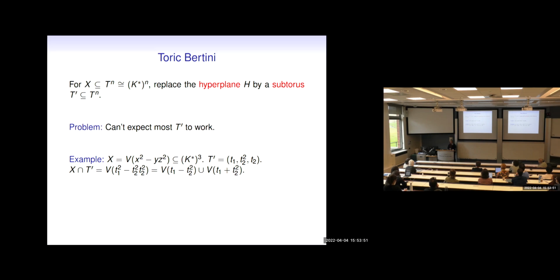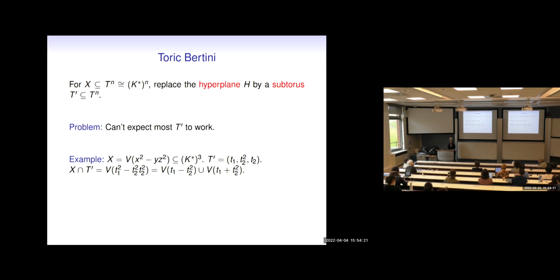Here's the warm-up example first. If I start with X being x1 squared minus x2 x3 squared in 3-space, it's just a hypersurface in a 3-dimensional torus. And if I look at the subtorus T prime given by (t1, t2 squared, t2) and intersect X with T prime, then what am I doing?